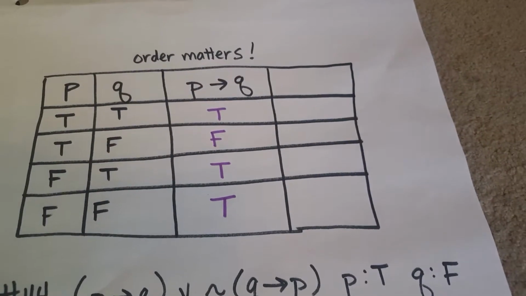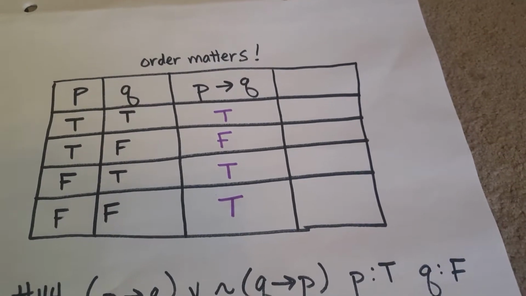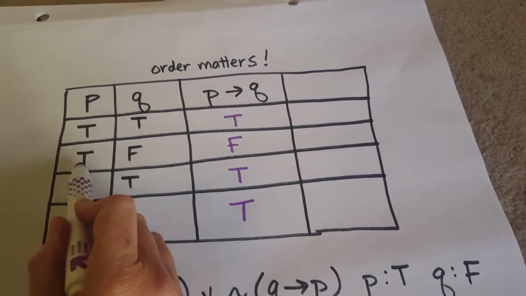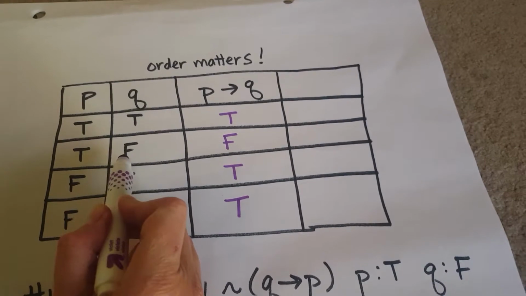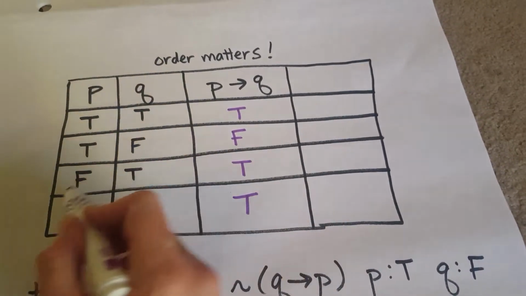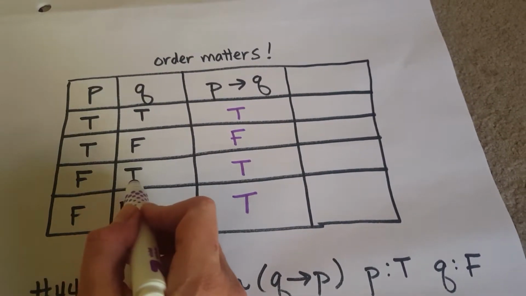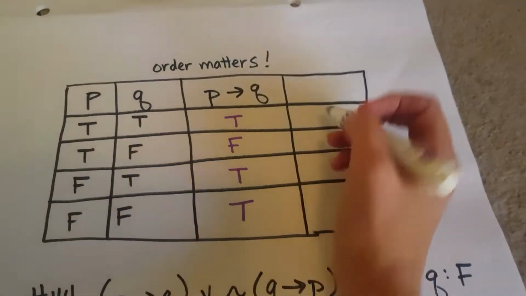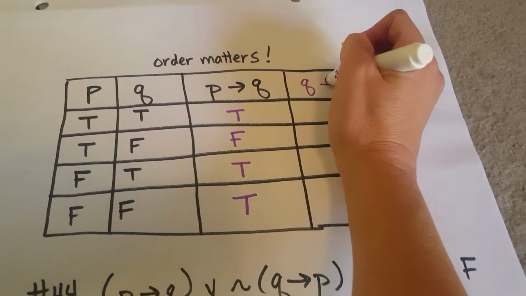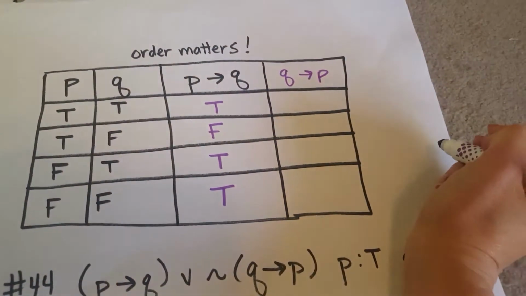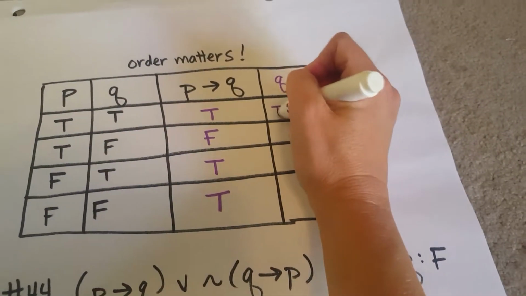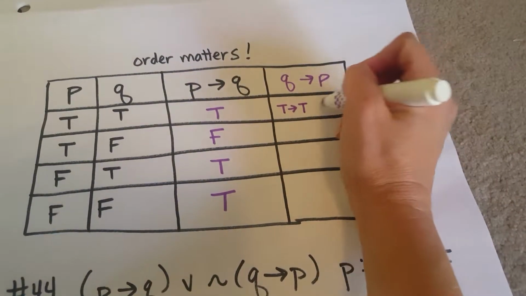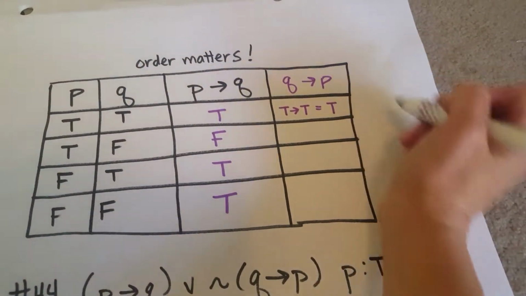Weird, I know. The most important thing is that order matters, because as you can see, if true is first, false is second, overall it's false. If false is first and true is second, overall it's true. So that means if we switch the order, then we'd have true, then true, which is true.